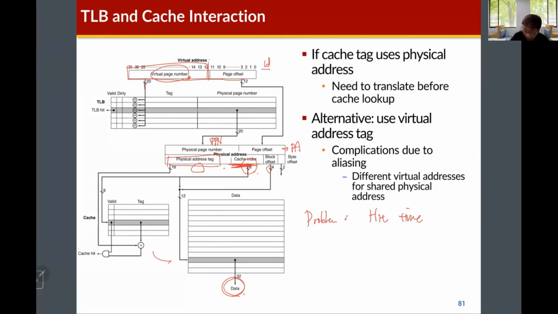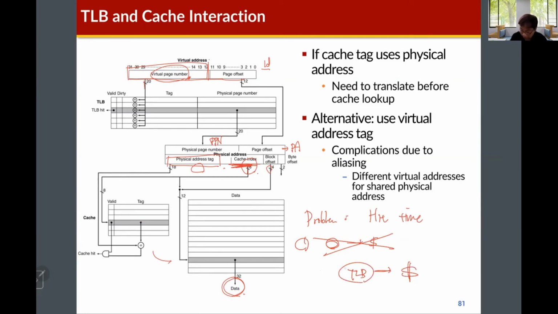I said that we thought we can access the cache directly with the address of the load instruction, but that assumption is not true. Actually, we need to access the TLB first, and then the cache. So it's a two-step process, not one step.